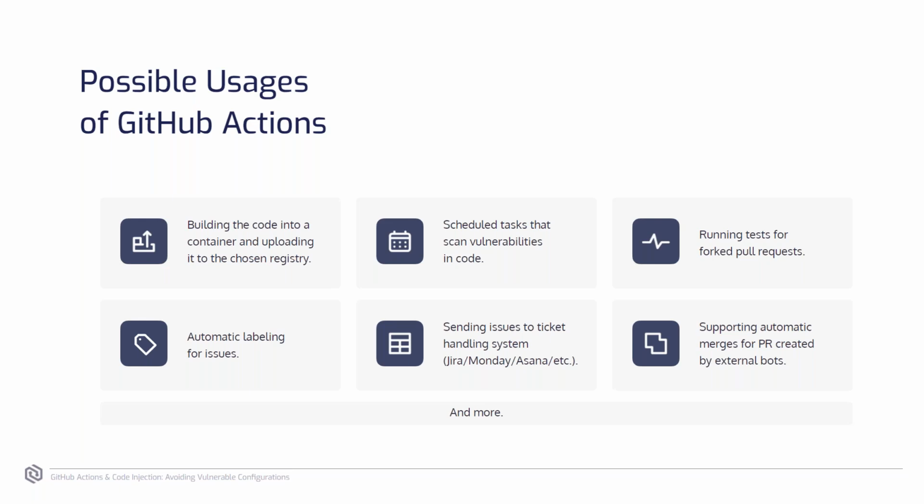It could be creating scheduled tasks that scan code for vulnerabilities. It could be running tests for pull requests. It could be automatic labeling for issues based on predefined logic. It could be sending issues into a ticket handling system like Jira, Monday, Asana, etc., and much, much more.